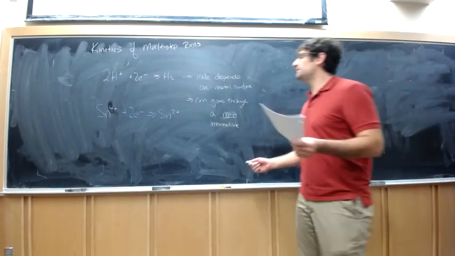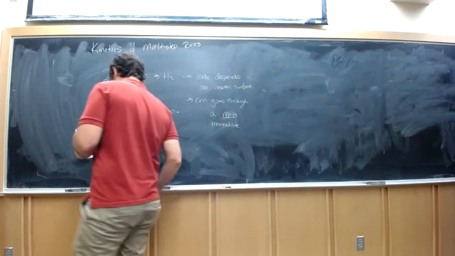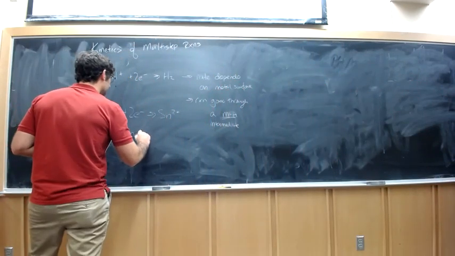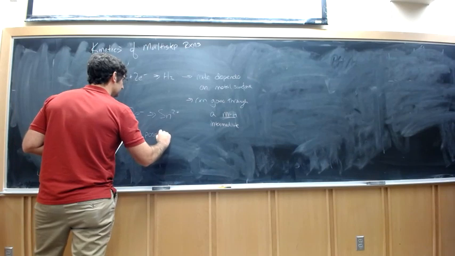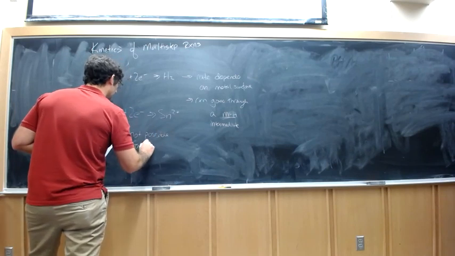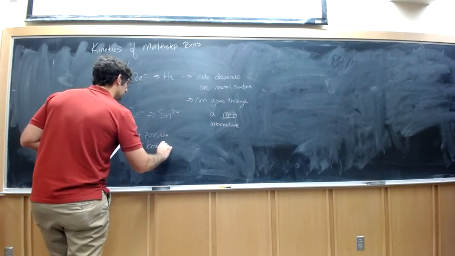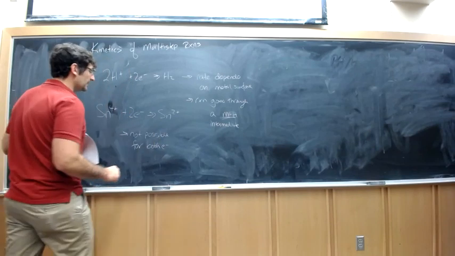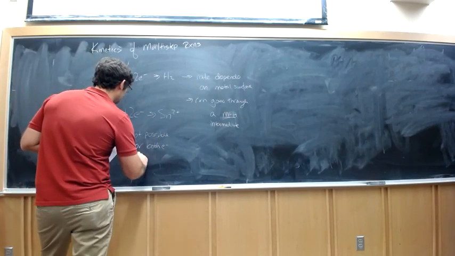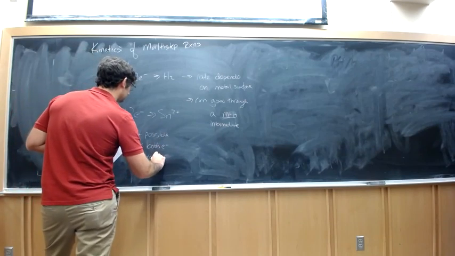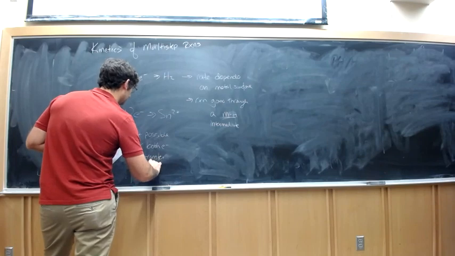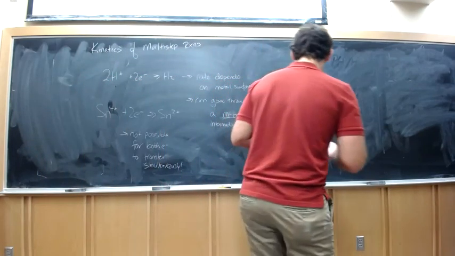So it's always going to be a 2-step reaction. It's possible, but very improbable, for both electrons to transfer simultaneously. So how does this work?